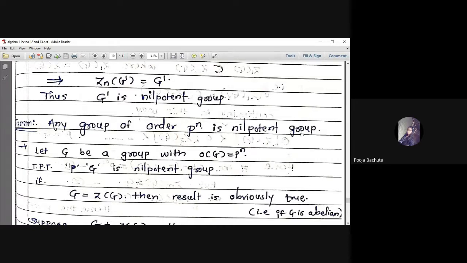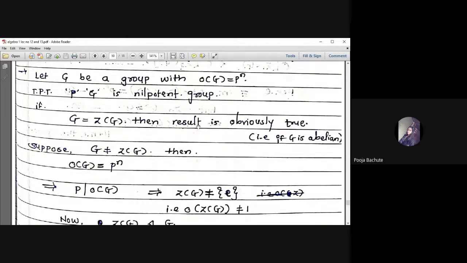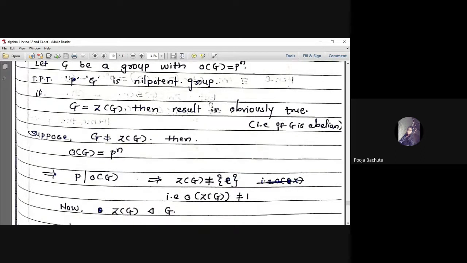Any group of order p raised to n is a nilpotent group. Let G be a group with order of G equal to p raised to n. We have to prove that G is a nilpotent group. Suppose you are given a finite group; there can be two possibilities: G is abelian or non-abelian. If G is abelian, what is the center of that group?